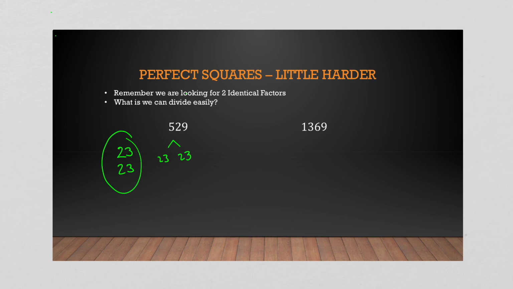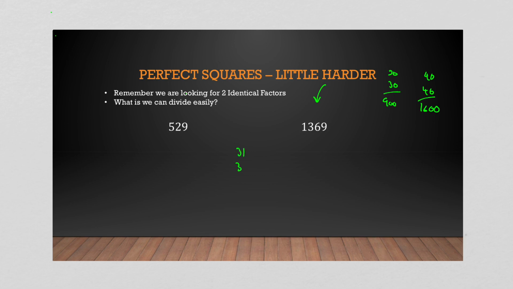You might want to watch that again because there's a lot happening. But I'll do one more for you here, 1369. Now again, this number is not divisible by 2 or 3 or 5 or 7 because you can try those. But 30 times 30 is 900. 40 times 40 is 1600. And this number is in between those, which means it's anywhere from 31 times 31 to 39 times 39.